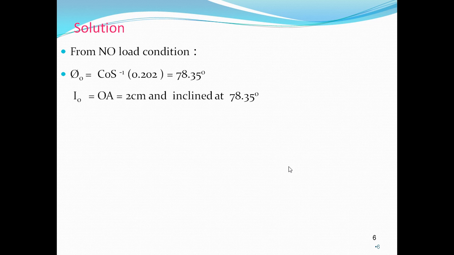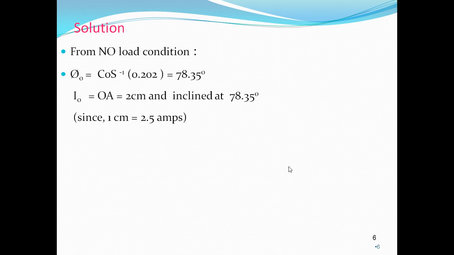Next, the no load current I naught is equal to OA. We assumed 1 centimeter is equal to 2.5 amps.